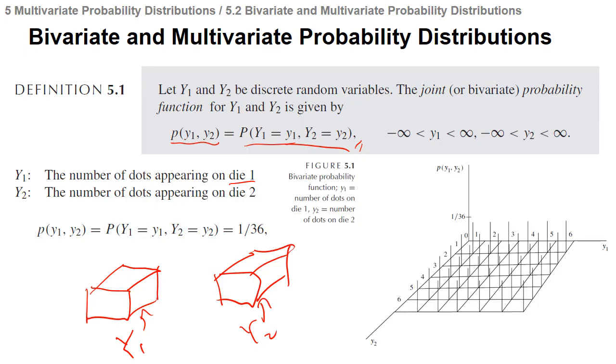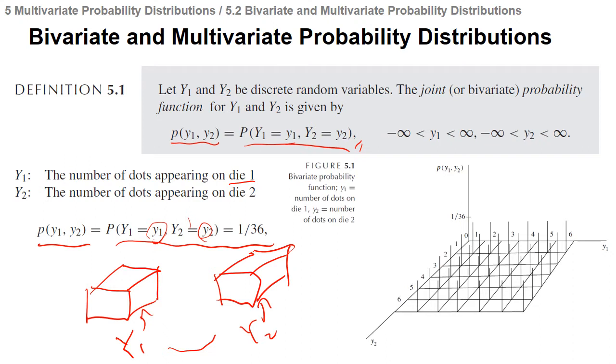And the probability distribution for y1 and y2 can be defined like this: the probability of the first die having the value y1, and the probability of die 2 having the value y2. And actually, these two events are independent.